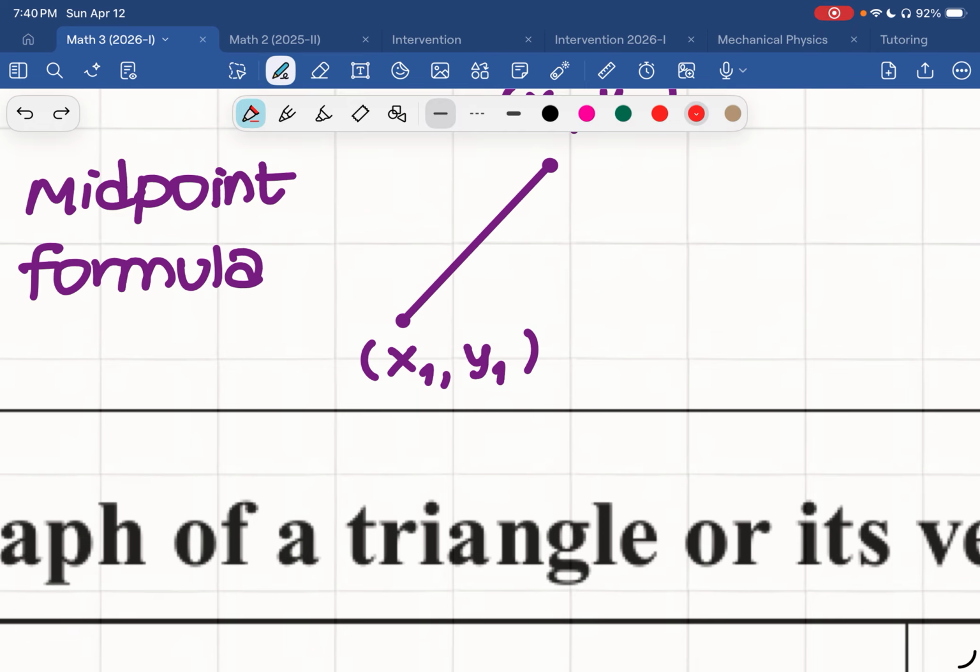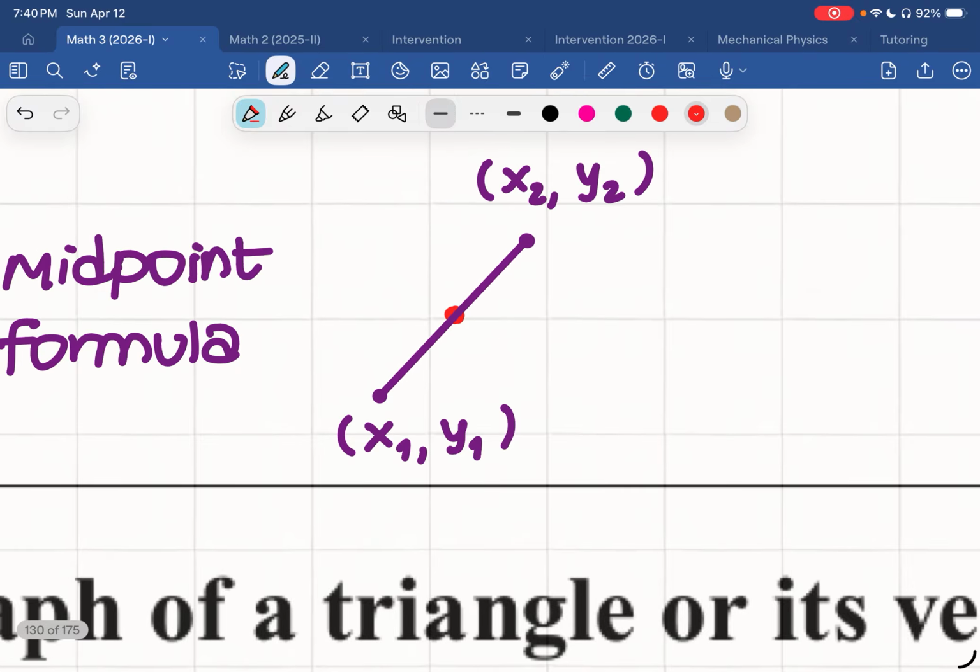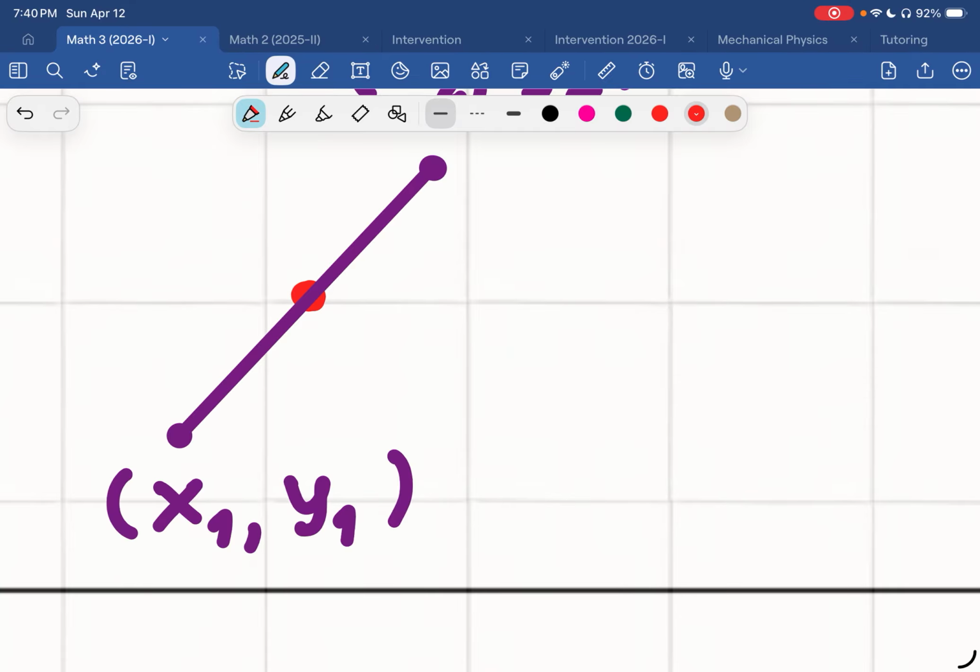Let me draw it again. How do I find the coordinates of this point, the red point, right?